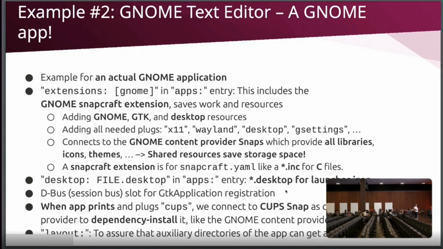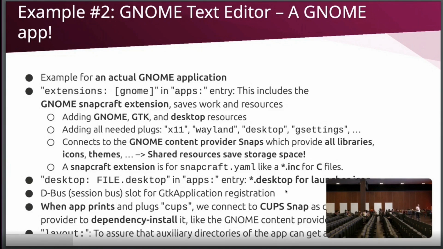So you write only into the snapcraft.yaml, into the apps section of the app, which is a GNOME app, extensions, colon, and a list, and the list contains only gnome. So this is the GNOME snapcraft extension.